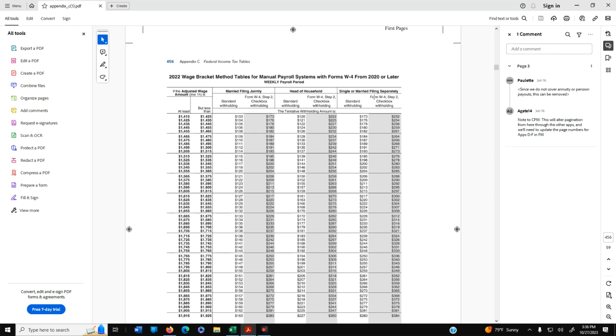And your W-4 is going to have a checkbox. If you don't check the box, you get the standard withholding. But if in Form W-4, Step 2, the checkbox withholding is checked, then you would use this column. So it makes it a little bit more complicated, in that you have to read the problem correctly and know whether that box is checked or not.